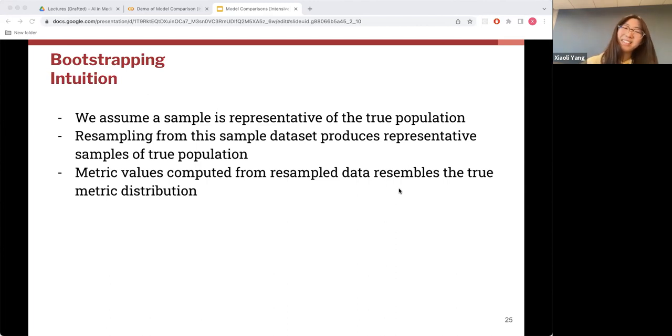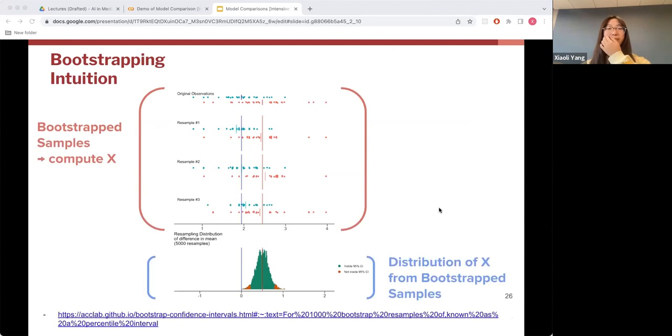This sounds a little confusing, so let me show you with some graphs. This graph mainly represents the whole process of bootstrapping. Let's take a look at the red bracket part first, which represents the resampling process. Say we have a data set, and the first line represents the original observations, and in the second line we resample the first time.